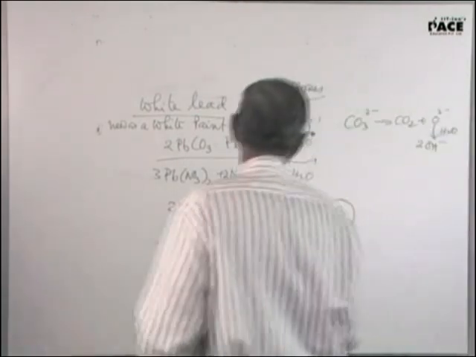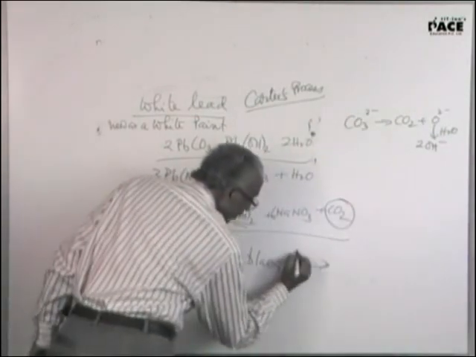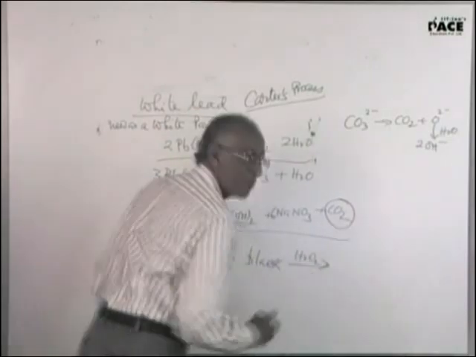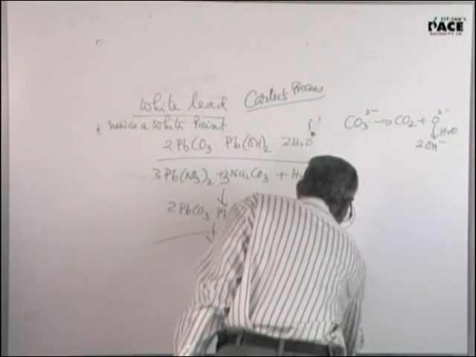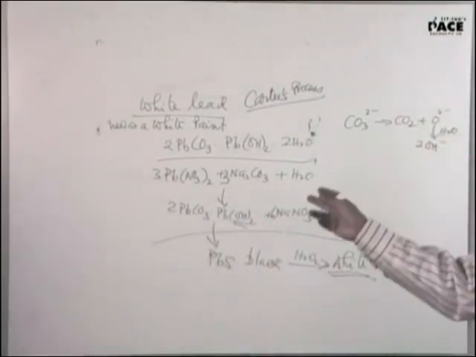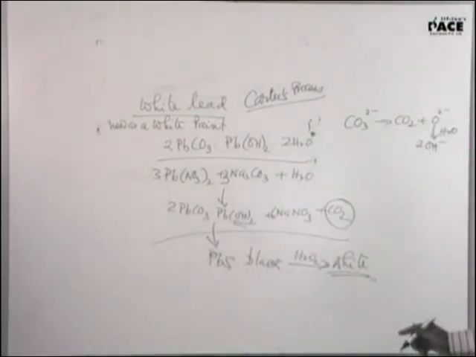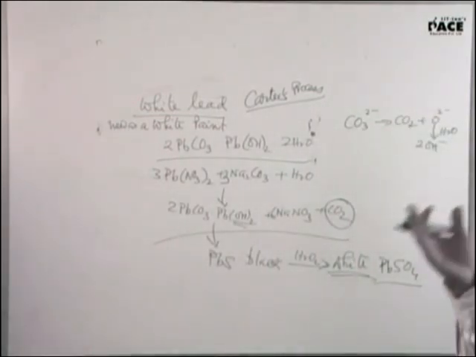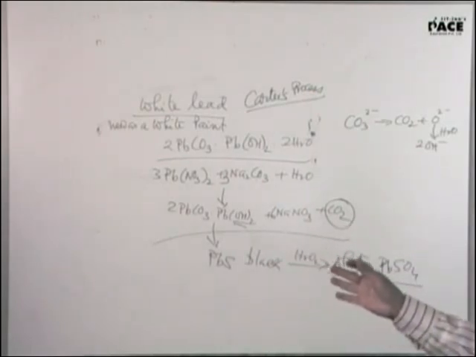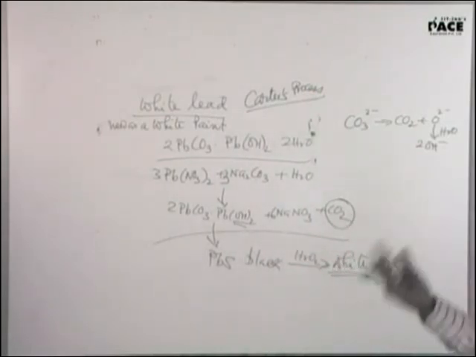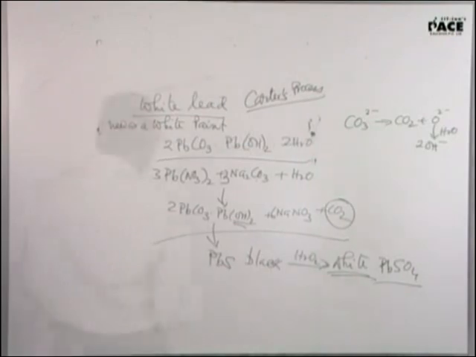But if I react it with hydrogen peroxide, I can get back the white color. But I don't get back white lead, I get lead sulfate. Lead sulfate is white, so the color becomes white, not due to formation of white lead, but due to formation of lead sulfate.